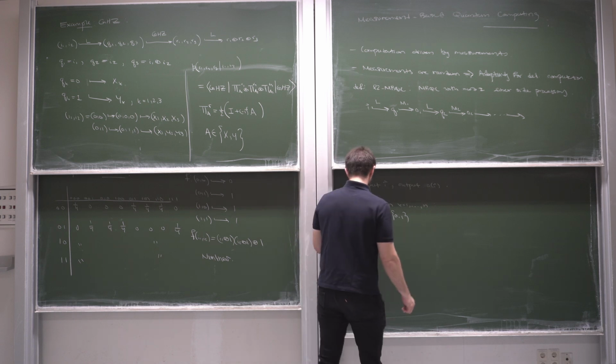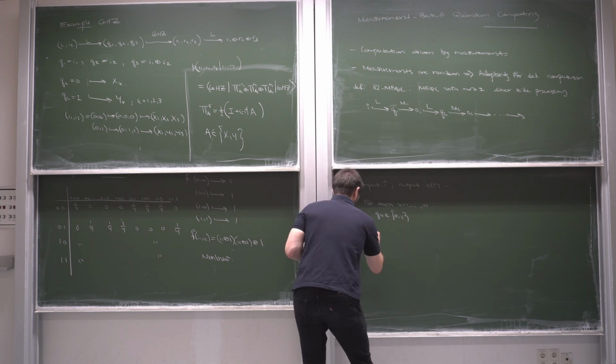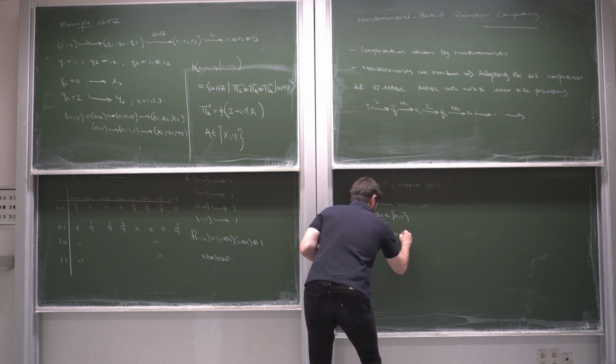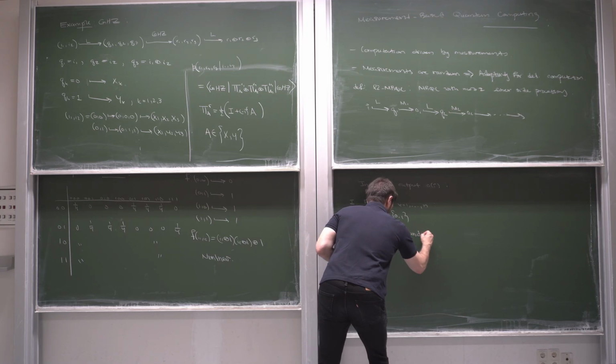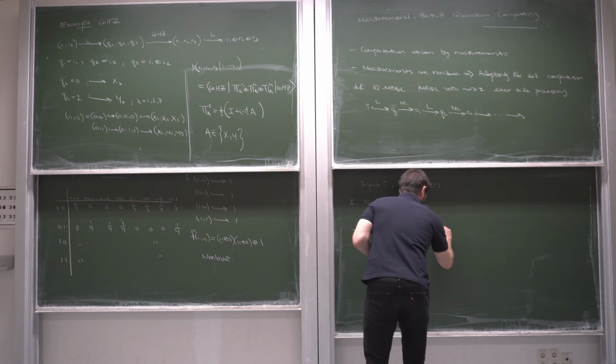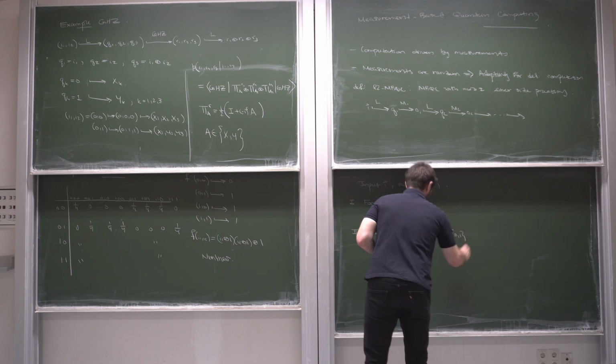For each k and each qk, the measurement outcome sk is also binary.